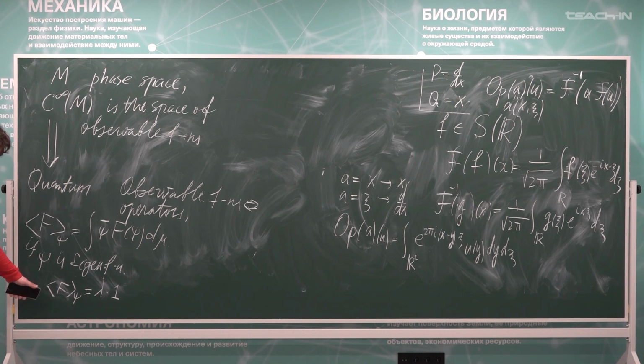So it means that the average value of the observable f will be equal to its eigenvalue when you plug into it an eigenfunction.